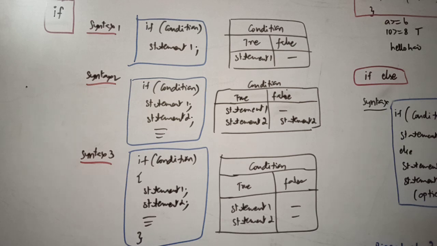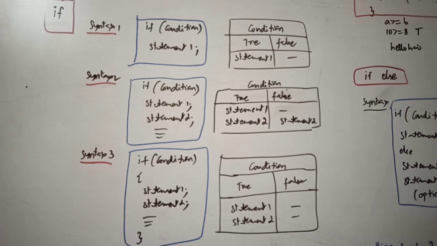Statement 2, statement 3 and statement 4 will be executed even if the condition is true and also false. Syntax 3, once you put all the statements within braces, means flower brackets, all the statements come under the condition. So all the statements will be executed only once the condition is true.